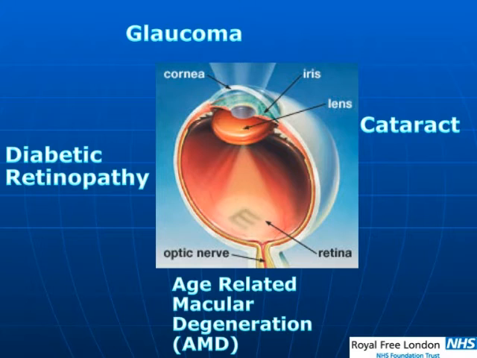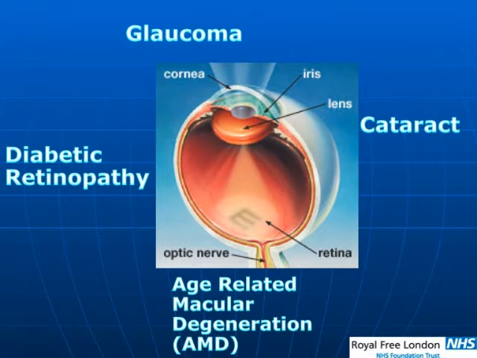The first part of the talk will be about glaucoma, which is a disease affecting the front part of the eye with the drainage channel and causing damage to the back of the eye, to the optic nerve. The second part will be about cataract, which is your lens in the eye, which you can see here as a structure.